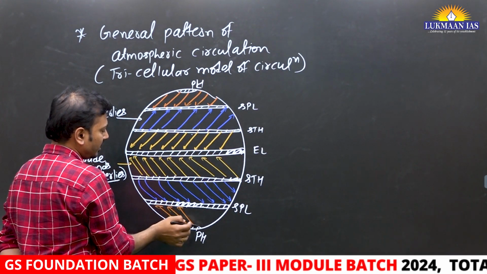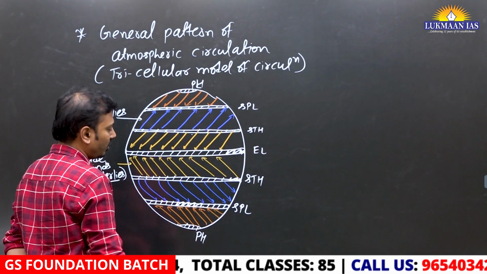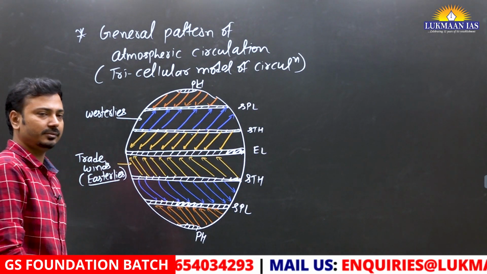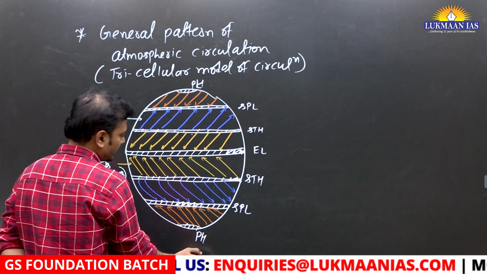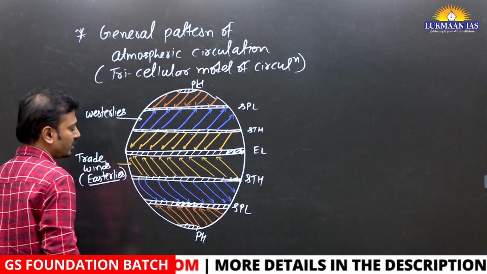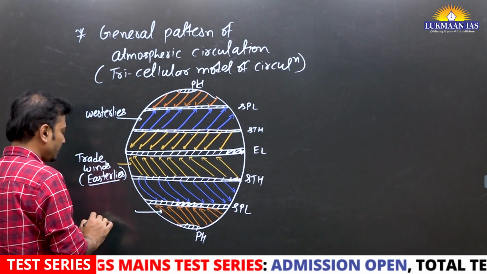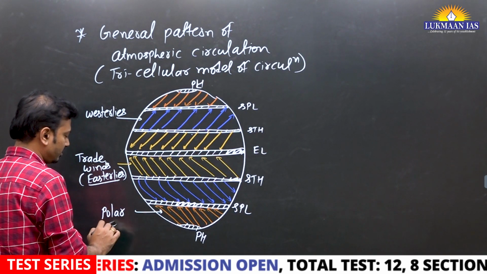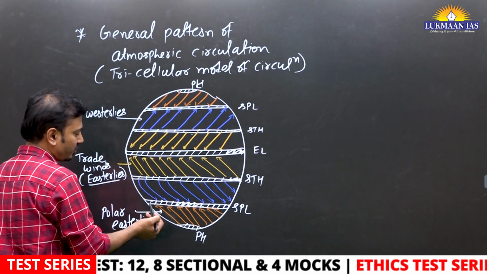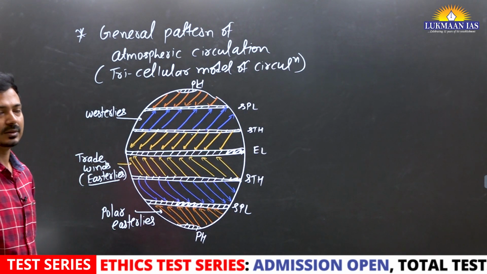If you are showing the direction in a wrong manner, then the diagram is incorrect. When you draw the direction of the wind in the answer exam, it should be in this manner. If it is wrong, then the diagram becomes incorrect. So these are called polar easterlies. Okay, again originating from the east, moving towards the west.